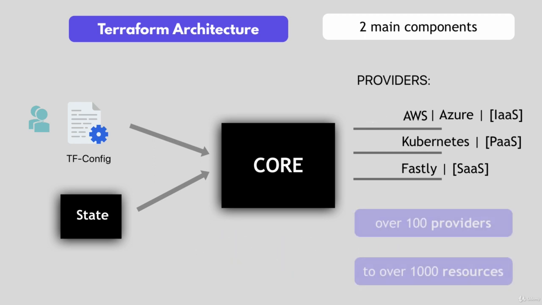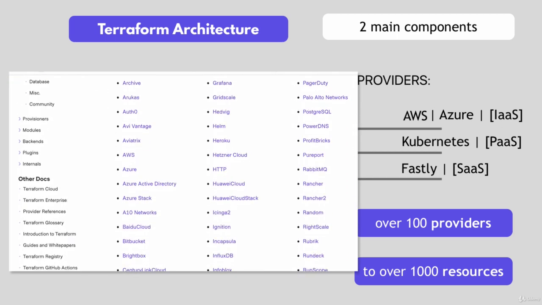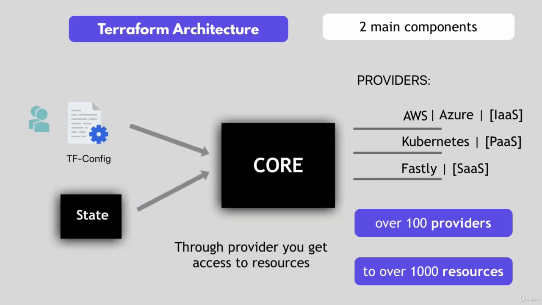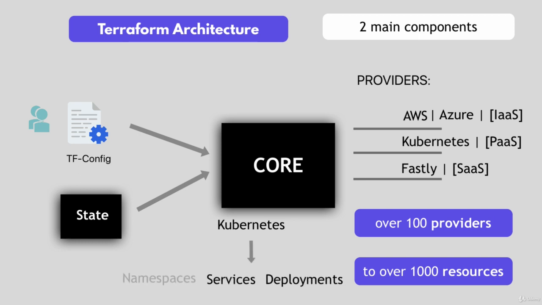Terraform has over 100 providers for these different technologies, and each provider then gives Terraform user access to its resources. So through AWS Provider, for example, you have access to hundreds of AWS resources like EC2 instances, the AWS users, etc. With Kubernetes Provider, you get access to Kubernetes resources like services and deployments and namespaces, etc.